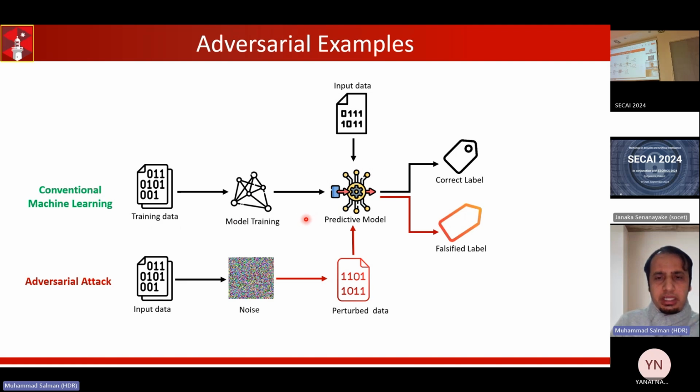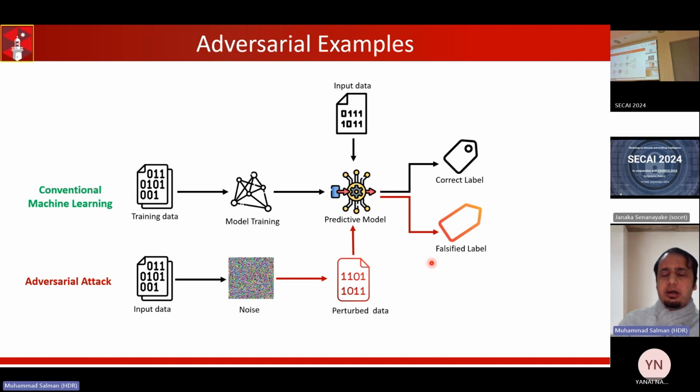A predictive model is developed and the original input data is correctly labeled. In adversarial attacks, the attackers add imperceptible noise to generate perturbed data, which is then passed to the predictive model, and a falsified label is generated.